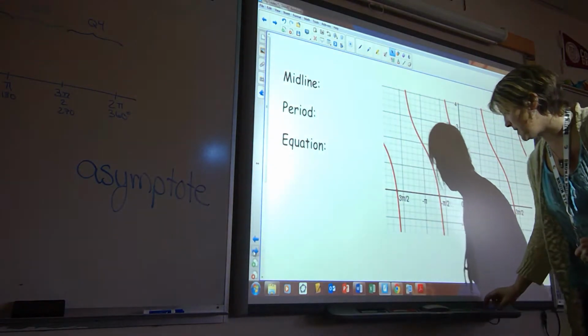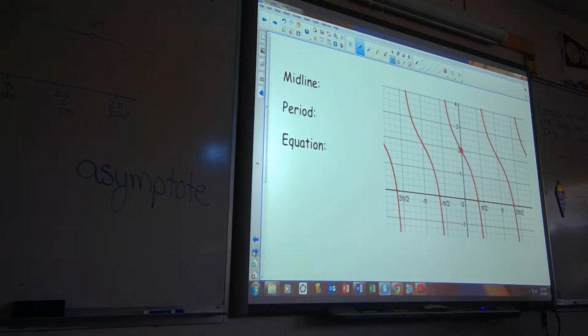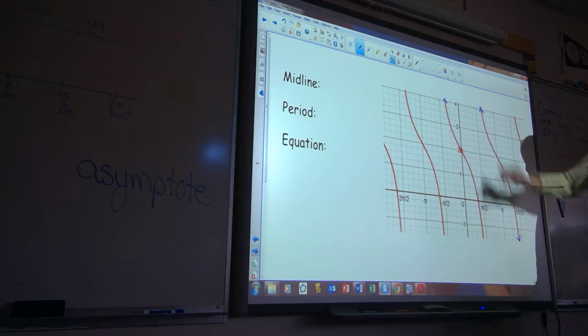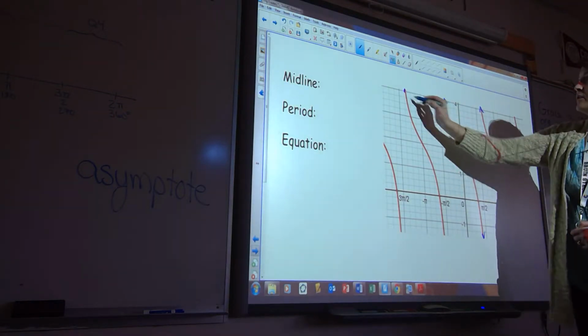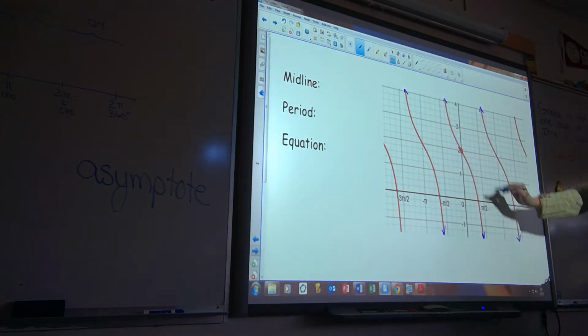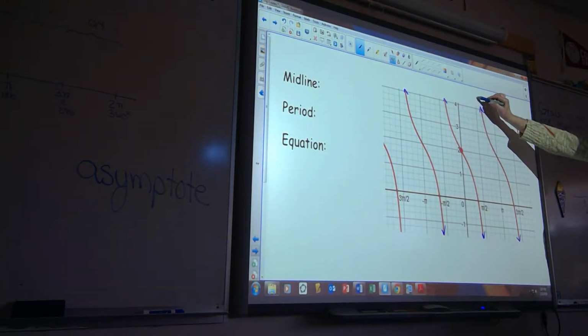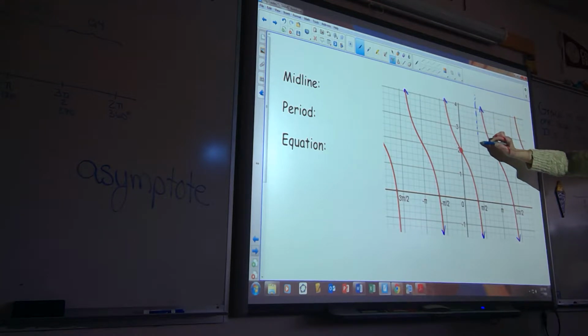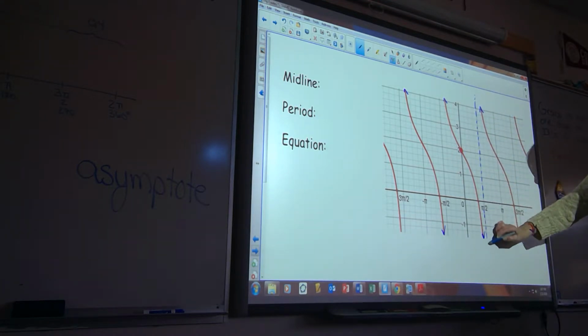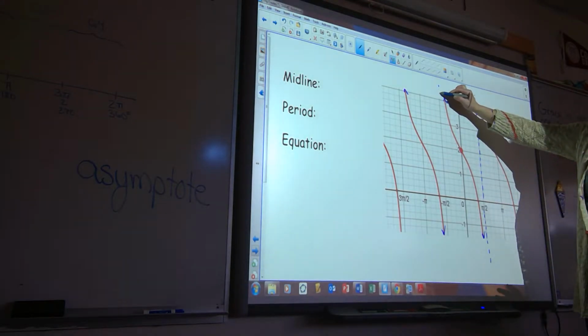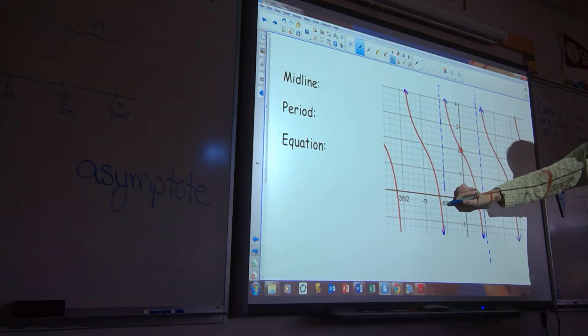All right, let's try another one. Let's see, asymptotes. Here's an arrow up, here's an arrow down, arrow up, arrow down, arrow up, arrow down. Okay, there's multiple cycles here. You just need to choose one of them. It doesn't really matter which one. We usually choose the one that's closest to the origin. So this one probably. So I think the asymptote is right here at pi over 2 and right over here at negative pi over 2.